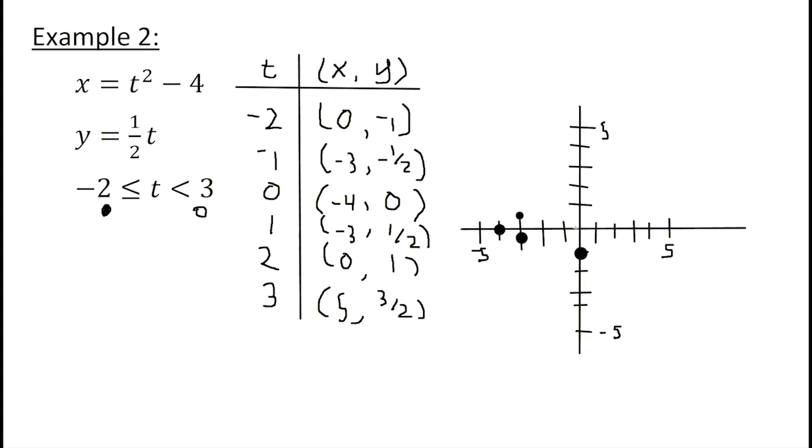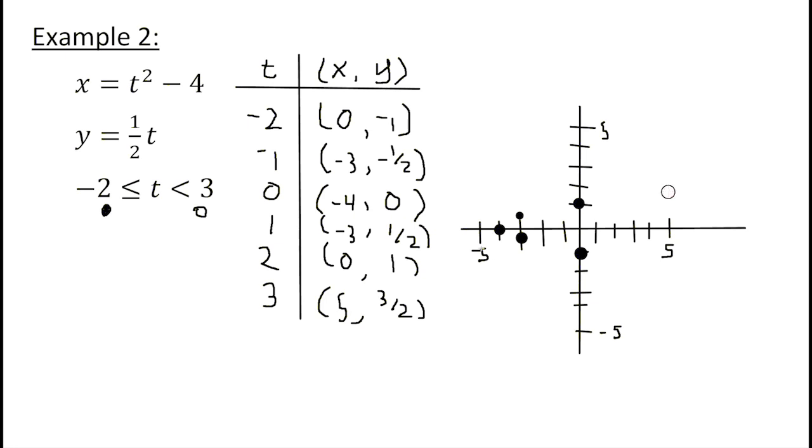When time is 2, we've got a point 0, comma, 1. And then finally, we've got a point at 5, comma, 3/2, but I'm going to draw this one as an open circle since we're not actually including that maximum value of the domain here. So 5, comma, 1.5 is going to be about right here.